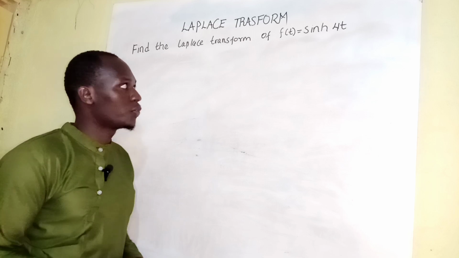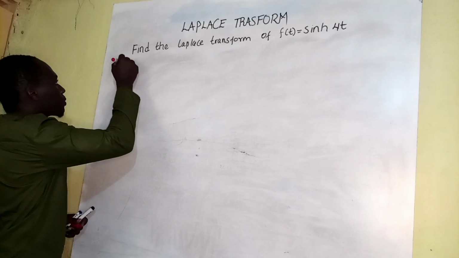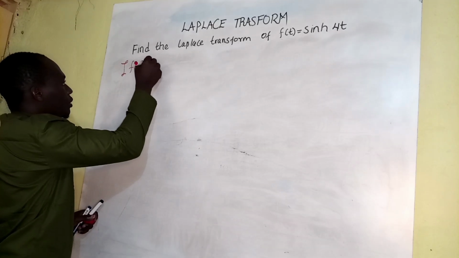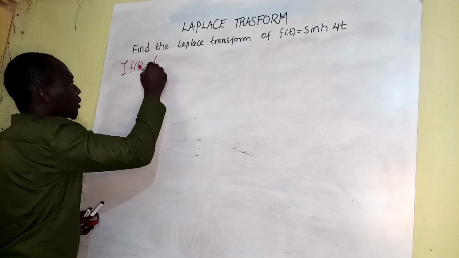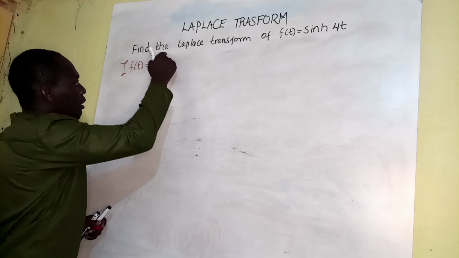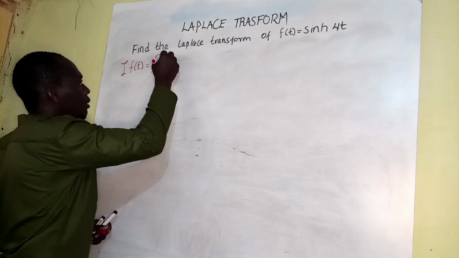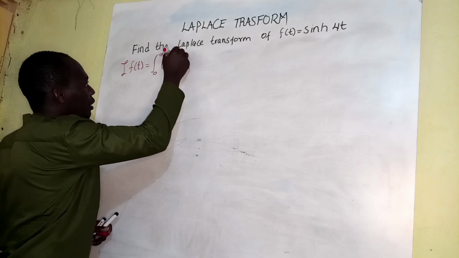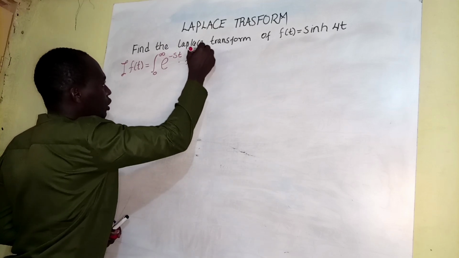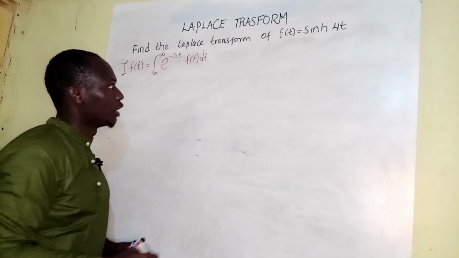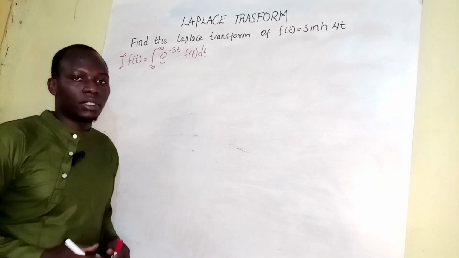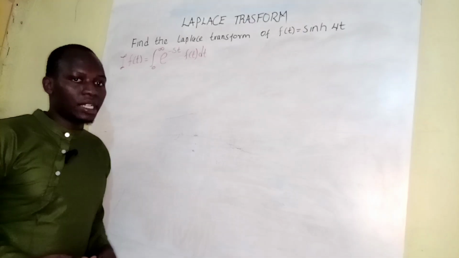By the first principle formula, we know that the Laplace transform of our function f of t is equal to the integration, with respect to our upper and lower limits, of exponential negative st multiplied by our function f of t, and our integration is with respect to dt. Now, we've just denoted the first principle formula. Now let us start our working.